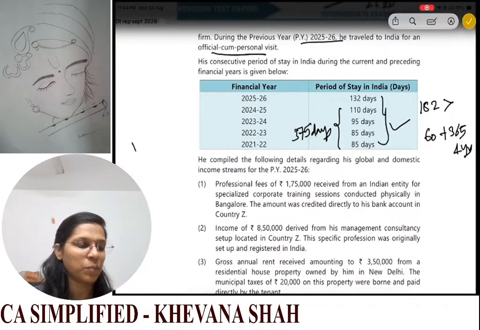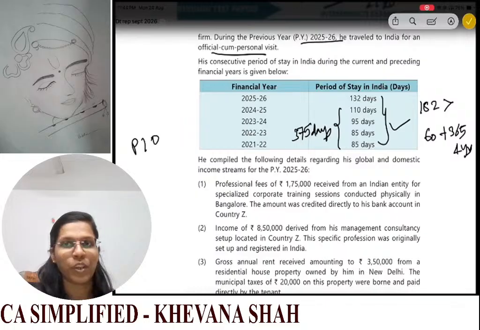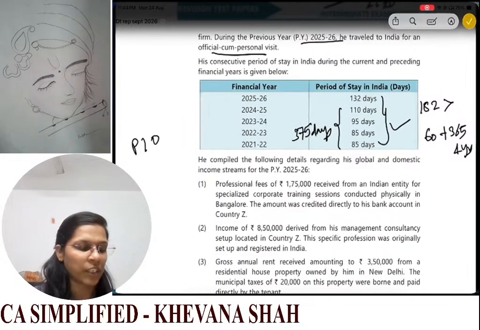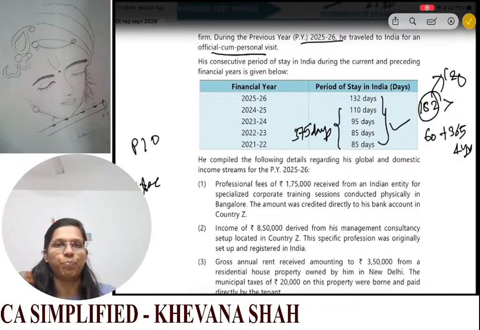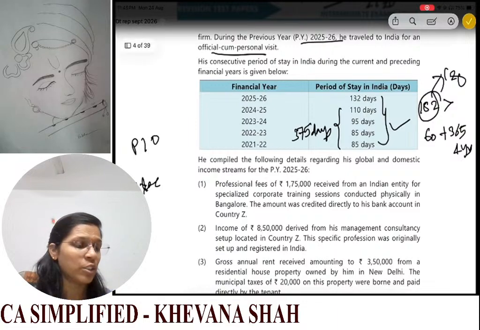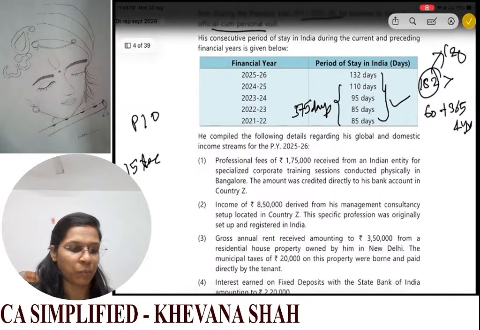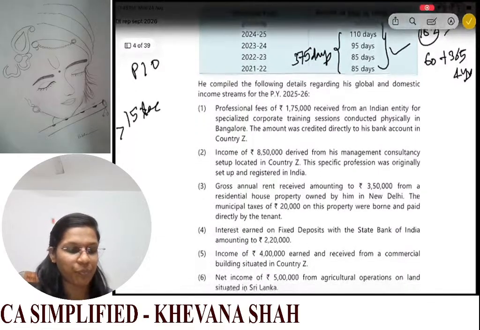Now this person is a person of Indian origin. So now here you need to check Indian income should be more than 15 lakhs, and in that case this 182 will get replaced by 120. Okay, so let's check if the Indian income is more than 15 lakhs or not.